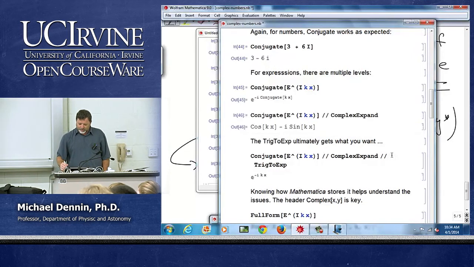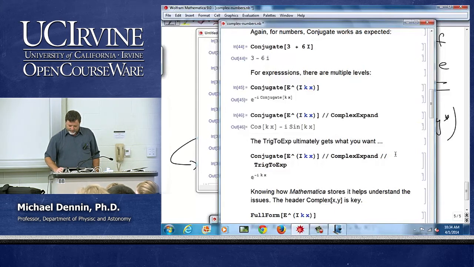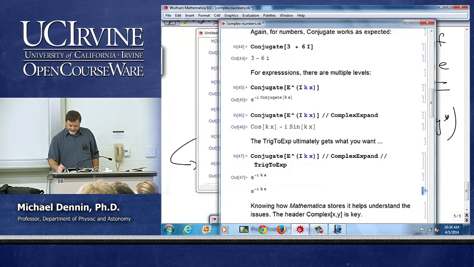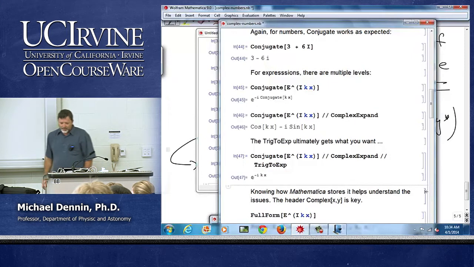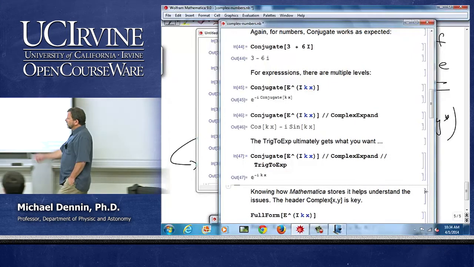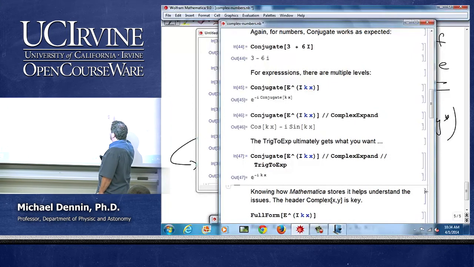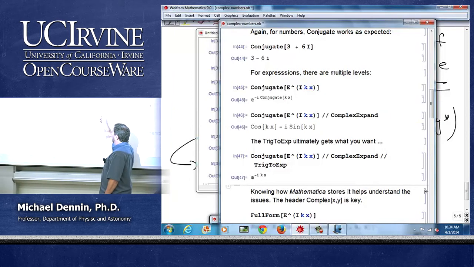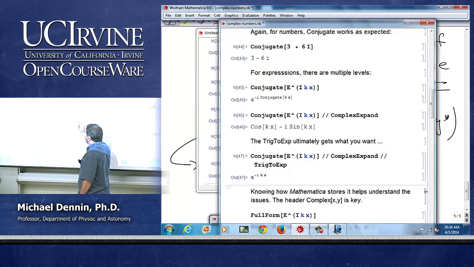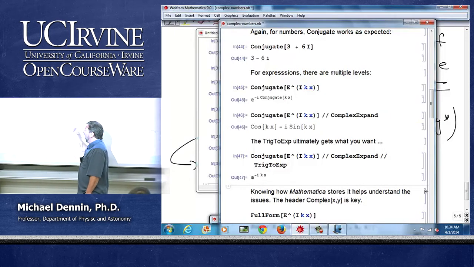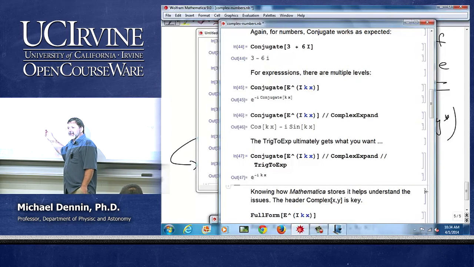So this is where I start to get into more advanced Mathematica. And I do conjugate of e to the I kx. I want a complex expand so that I have k and x real, and I want to stay as an exponential. That seems like a lot of work to get e to the minus I kx.